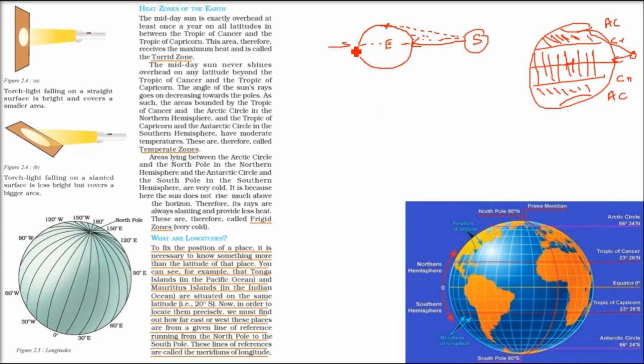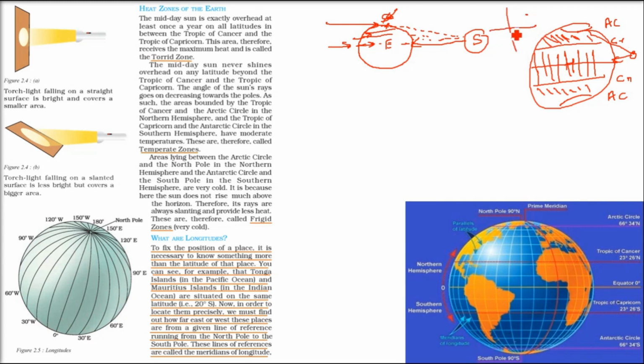This is known as frigid zone. Okay, Ushna Katibandh, topmost is sheeth and middle one is shitoshna. So the middle one is torrid, then we have temperate, and the final top one is frigid zone, very cold.